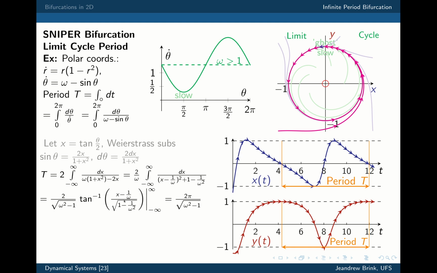If it is negative infinity, it's minus pi over 2. And if you subtract those from each other, you're left with pi. So the integral evaluates to 2 pi over the square root of omega squared minus 1. And so we can see we've literally worked out what the period must be if we know what omega is.